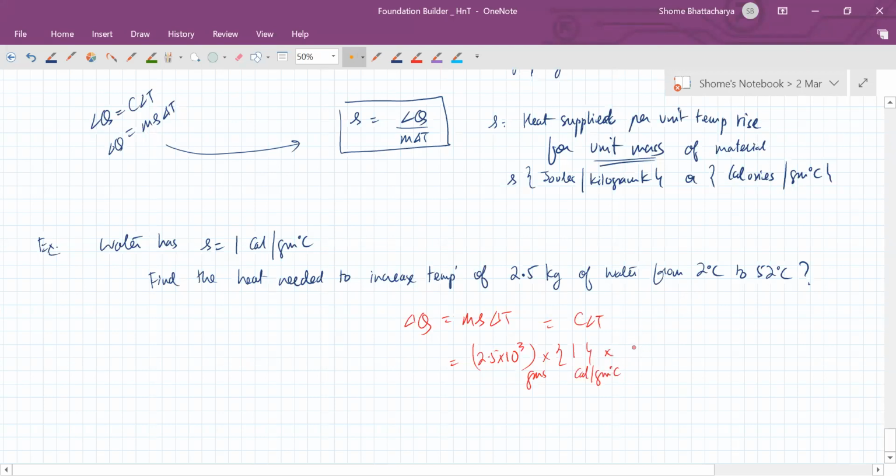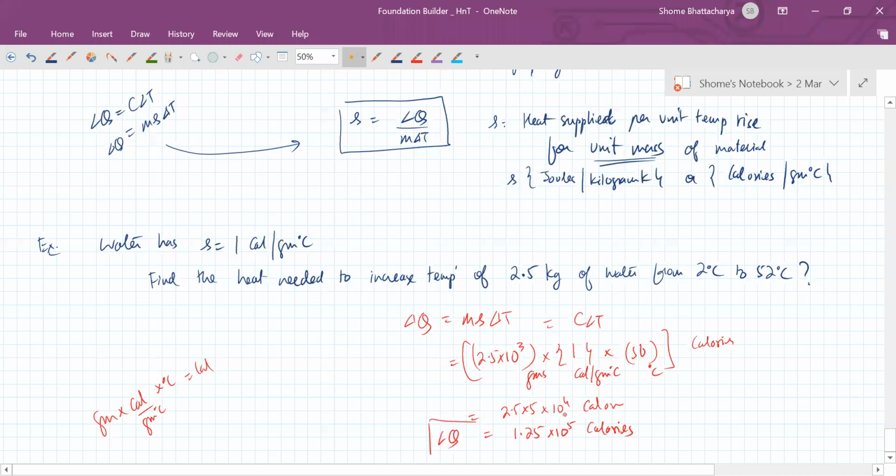Into the temperature change of 50 degrees C. So you'll see the unit that we'll get will be in grams multiplied by calorie per gram degree C multiplied by degree C. So that is calories. So this will be the amount of heat required.